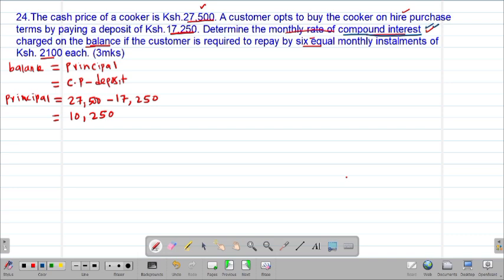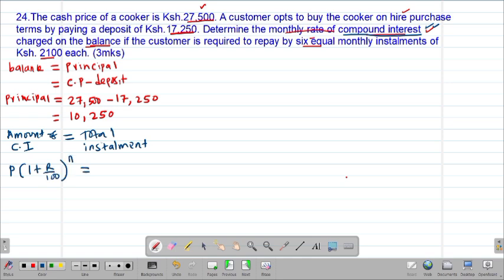But if you're given the compound interest, you deal with the formula for the compound interest. Therefore, the amount of compound interest must always give us the total installment. The formula for the amount of compound interest is the principal into 1 plus the rate over 100, then to the power of n.